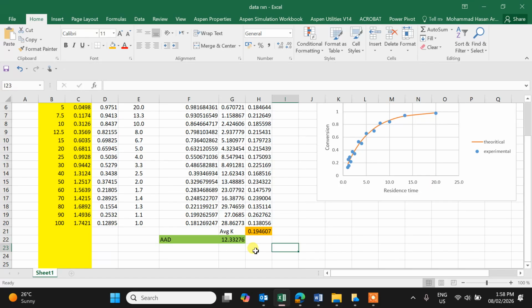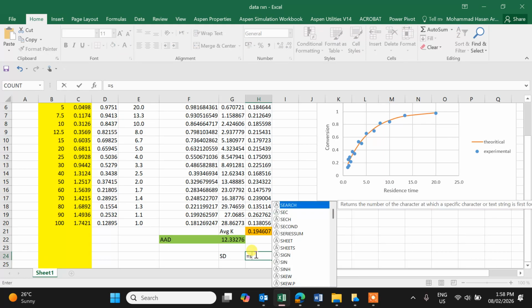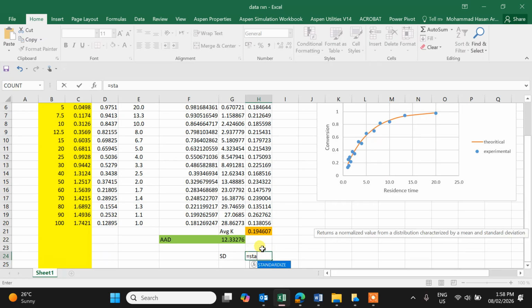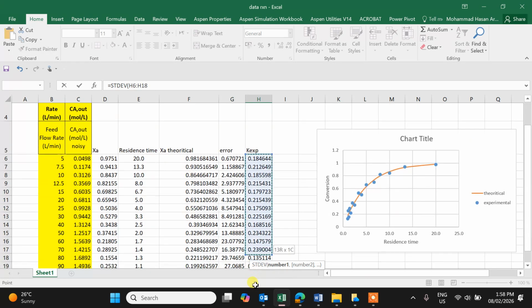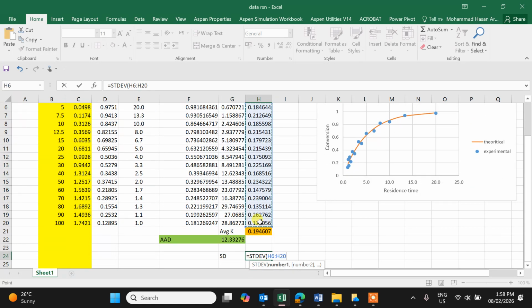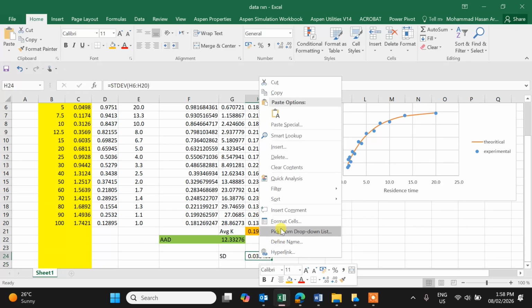And then to justify further, you can find the standard deviation. Okay, it means how much it is deviating. STDEV, standard deviation, the normal one, choose this. In that case, we can say that deviation is around 0.04.